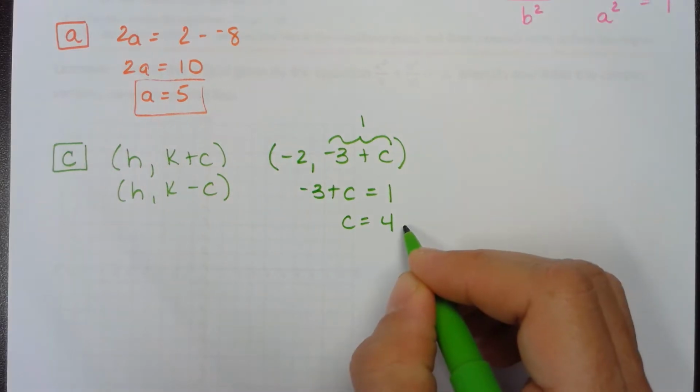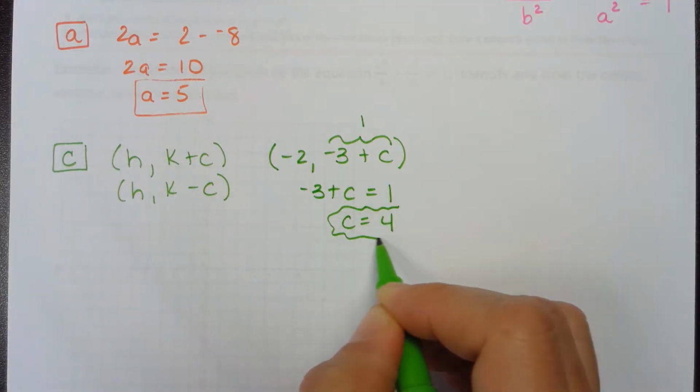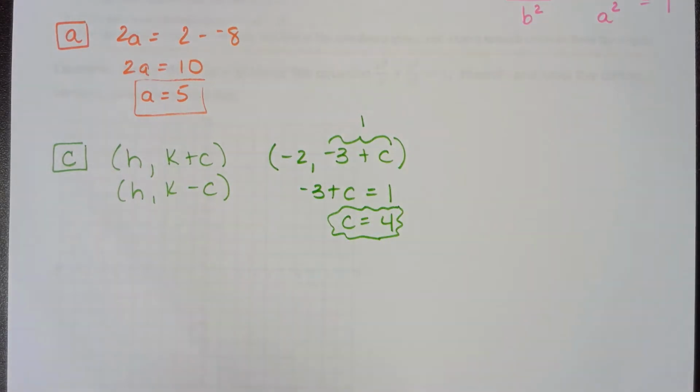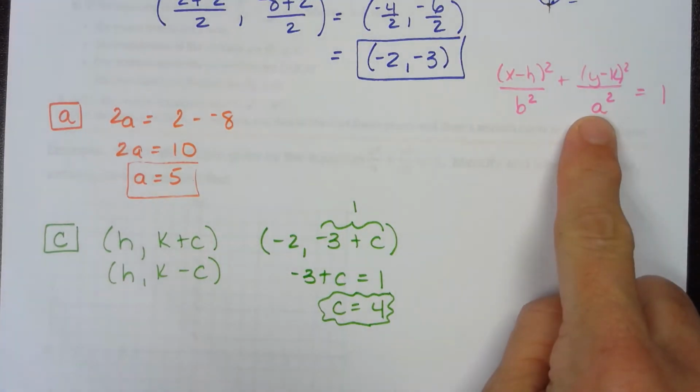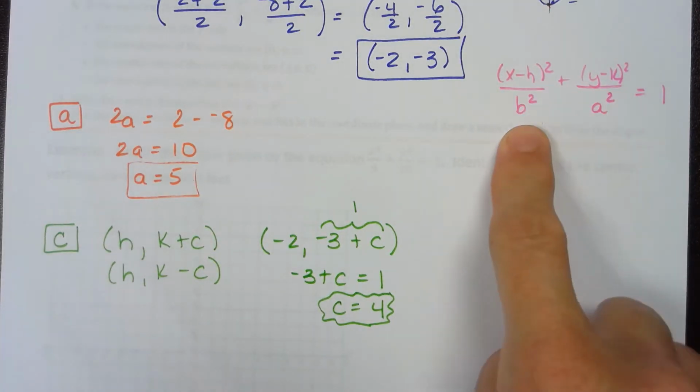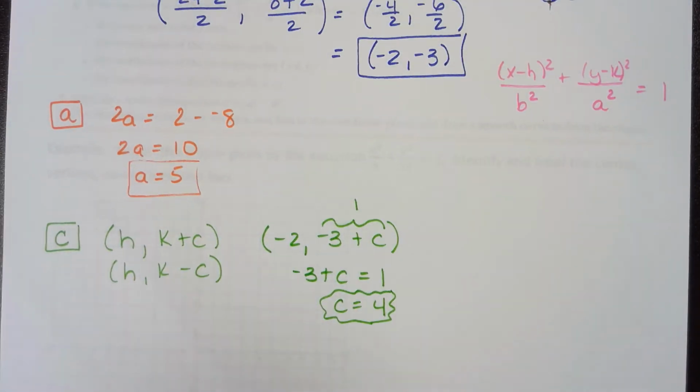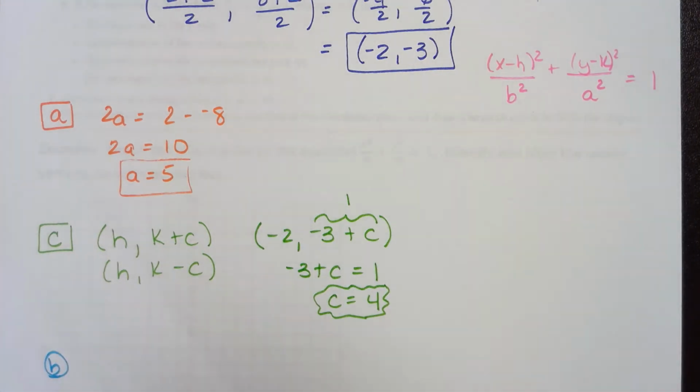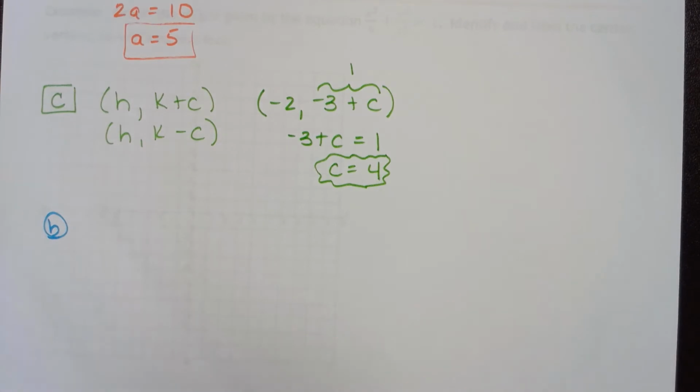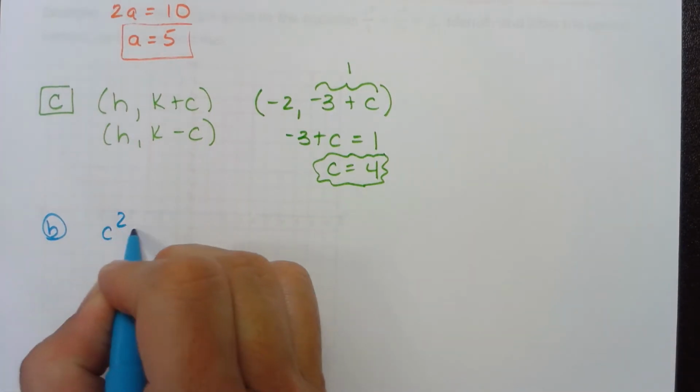Okay, so now that we know c, that doesn't go in our formula, but we can calculate b. Remember, we have our a, we know our h and our k, we just need our b. So let's calculate b. Remember, c squared is equal to a squared minus b squared.